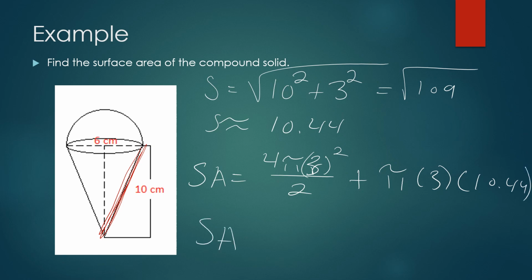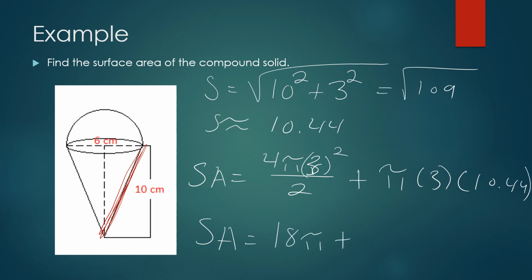All we've got to do now is calculate this, and we're good to go. So we're going to have 4 divided by 2 is 2. 2 times 9, because 3 times 3 is 9, is going to be 18 pi.